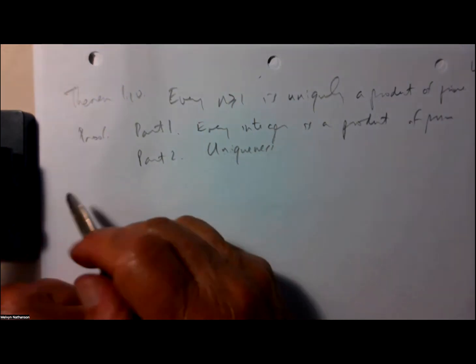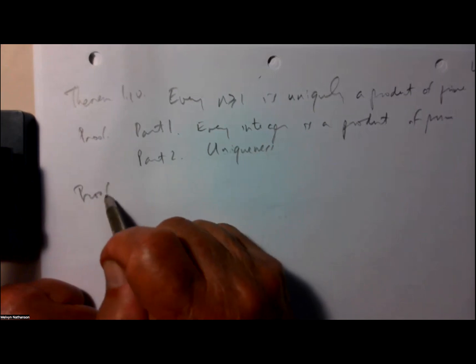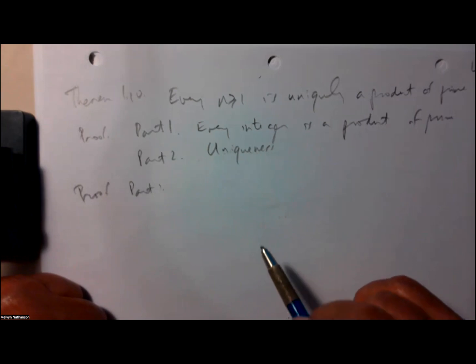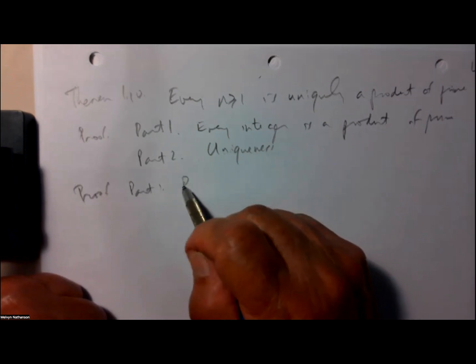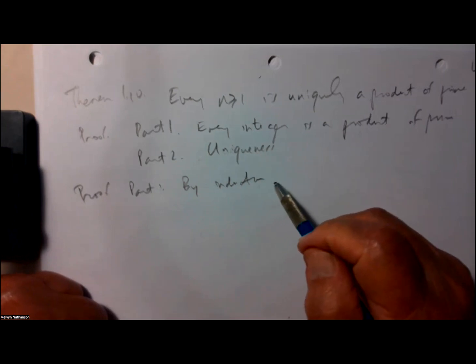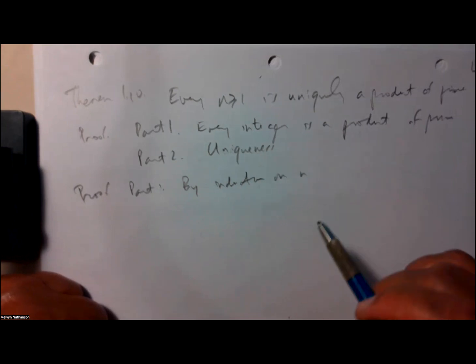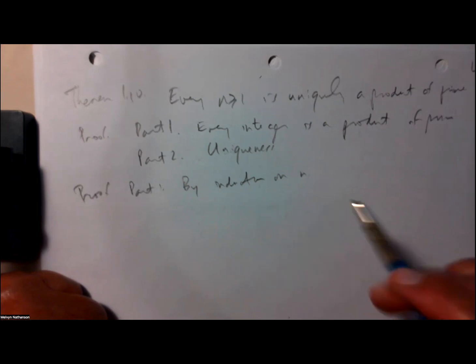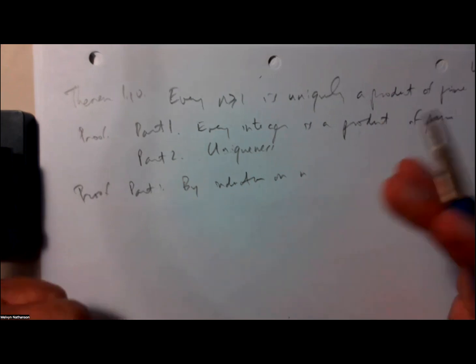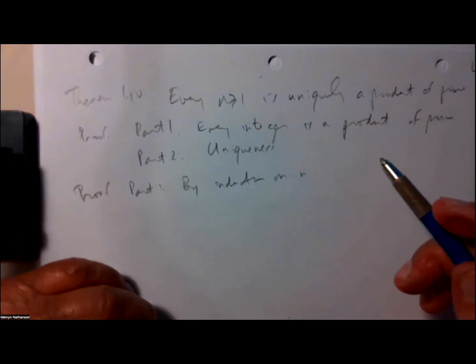Okay. So proof. Part one is quick to prove. Why is every integer a product of primes? Well, this will be proved by induction on n. If n is equal to 1, you would say it's a product of no primes. The empty product is defined to be 1.